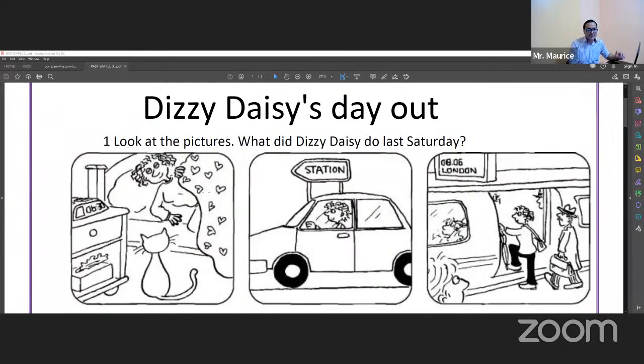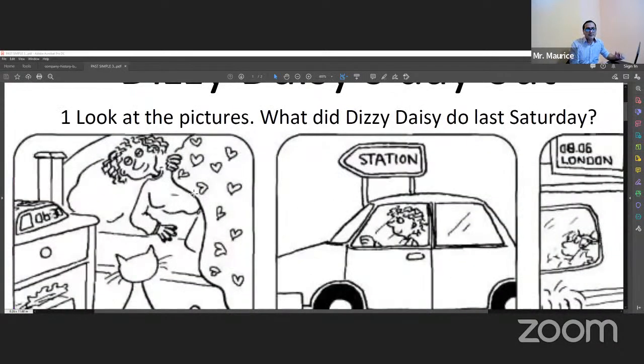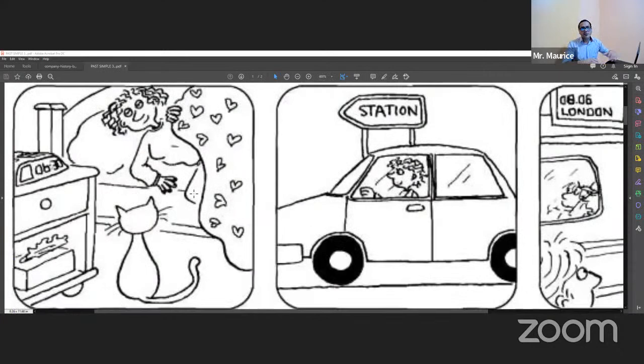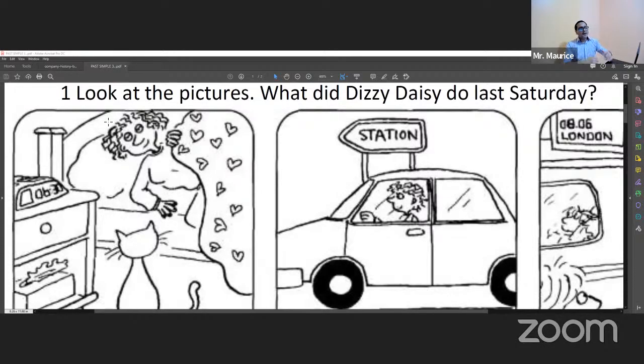For example, in picture number 1, obviously I need you to describe it. Picture number 1 is about Daisy. What is the correct verb for this action? Can anyone help me? What might be a suitable verb for picture number 1?